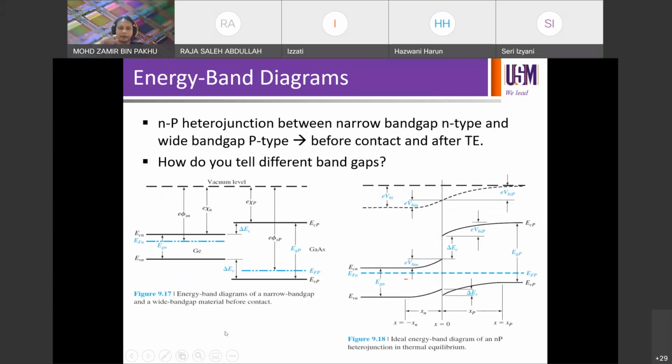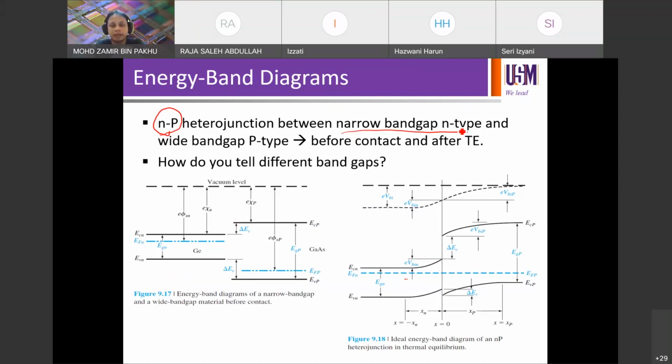So let's look at the band diagram. Np heterojunction between narrow N-type and wide band gap P-type. So look at the notation here, nP. N is small, P is capital. Apa maksudnya? Means the n there is the narrow band gap. Small letter means narrow band gap.